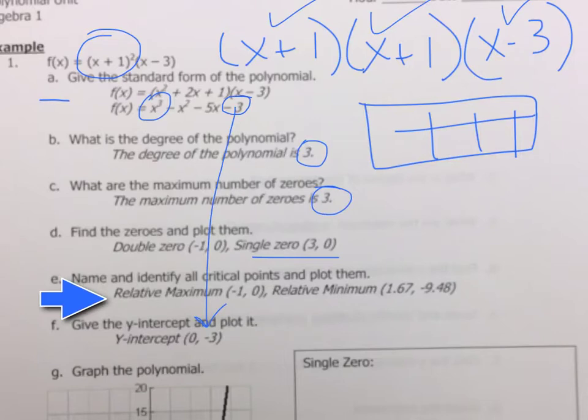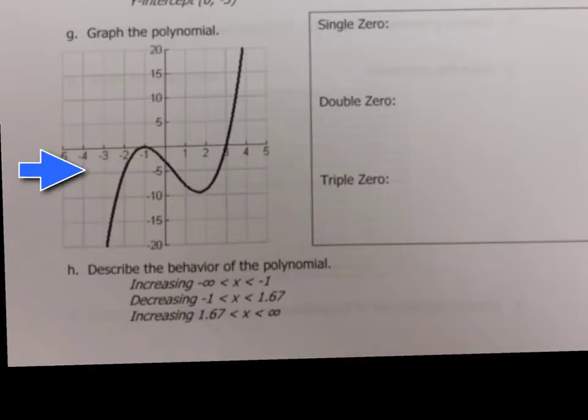So let's see what the graph might look like. Using all the points that I found, my 0, -3 y-intercept, a double zero at -1 and a single at +3, then down here this point was my relative minimum and another relative maximum. I used those points that I found earlier and plotted all of them.